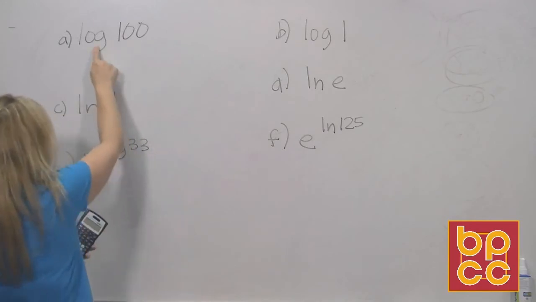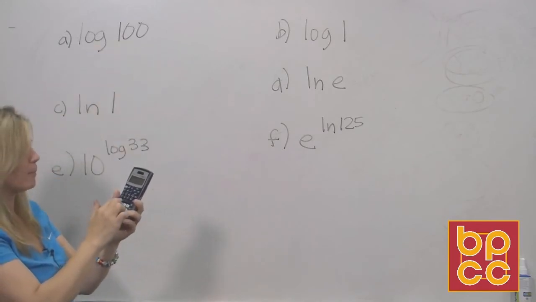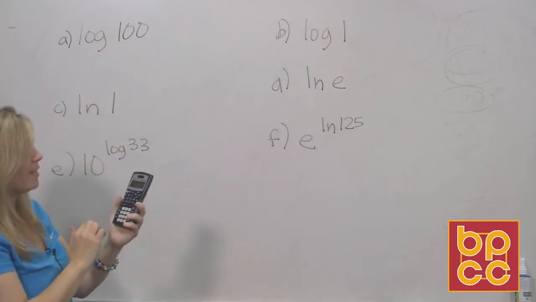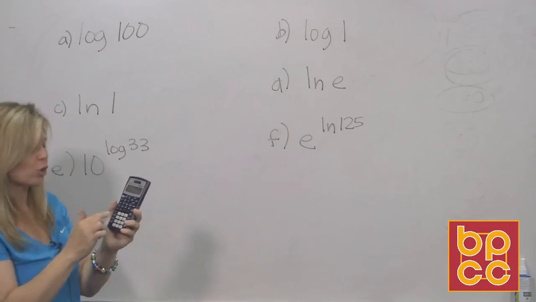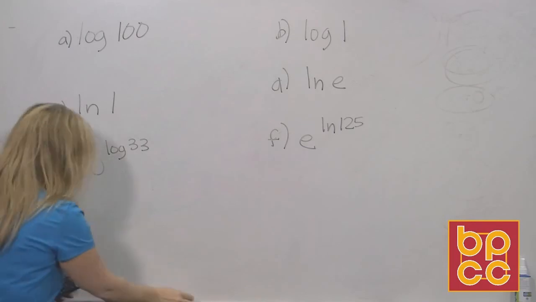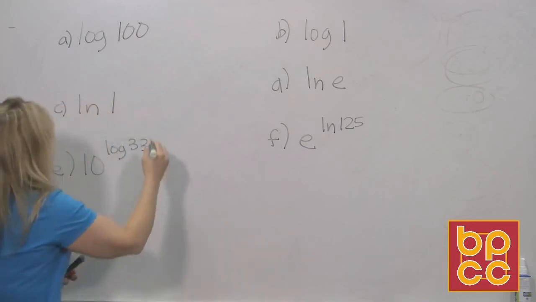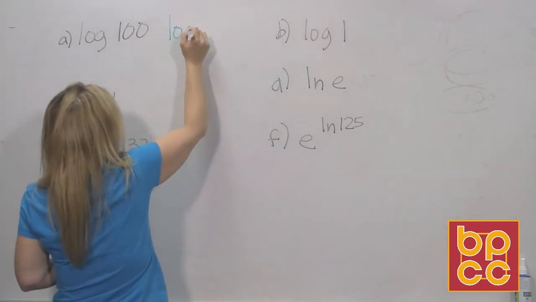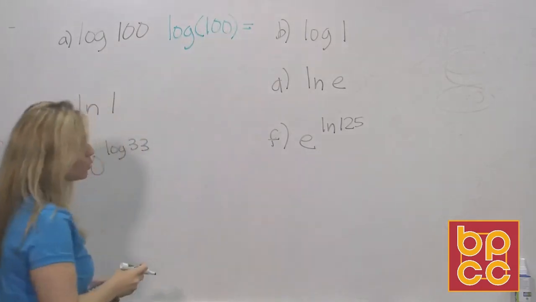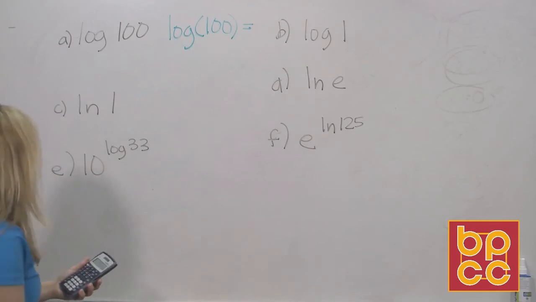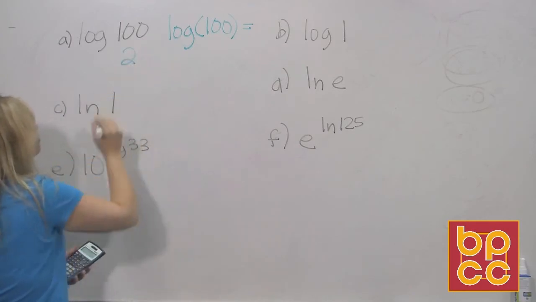So if it says log 100, you type the LOG button, and then it opens a parentheses. You type 100, and make sure you close the parentheses. So you hit LOG, open parentheses, type 100, close it, and hit equals. And when you hit equals, what do you get out? You get out a 2.